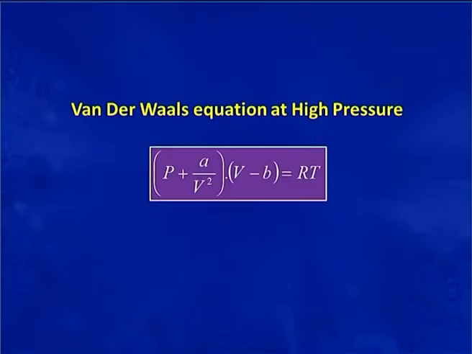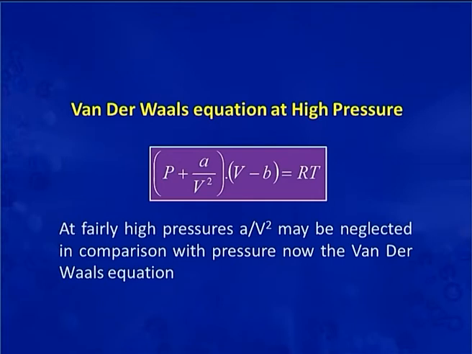Let us discuss the second case, the van der Waals equation at high pressure. As you know, the van der Waals equation is (P + a/V²)(V − b) = RT. At high pressure, a/V² can be neglected.